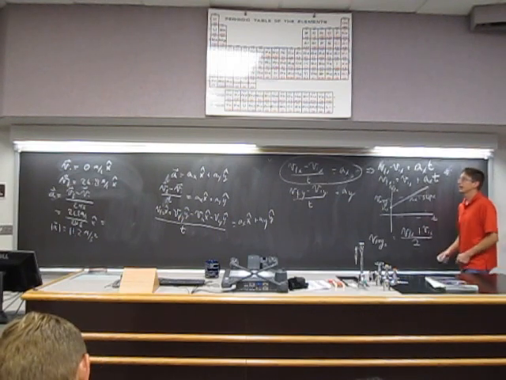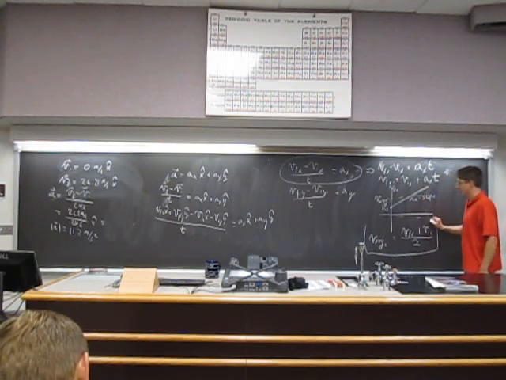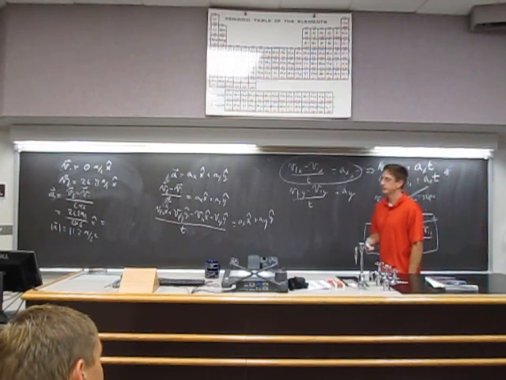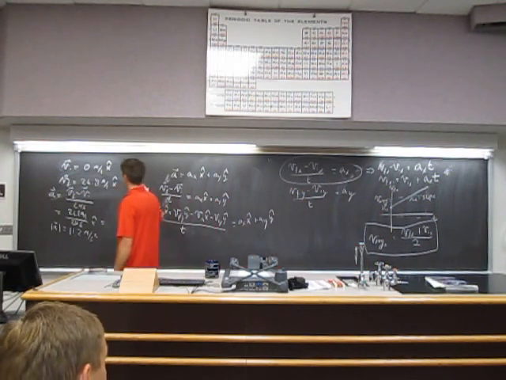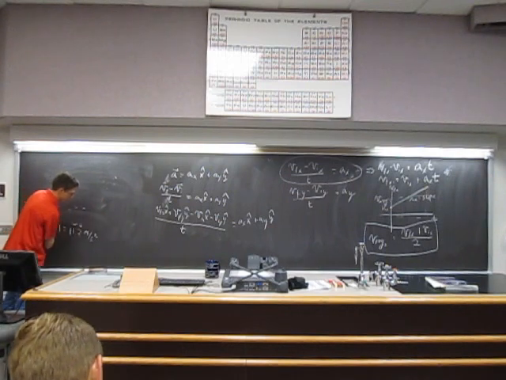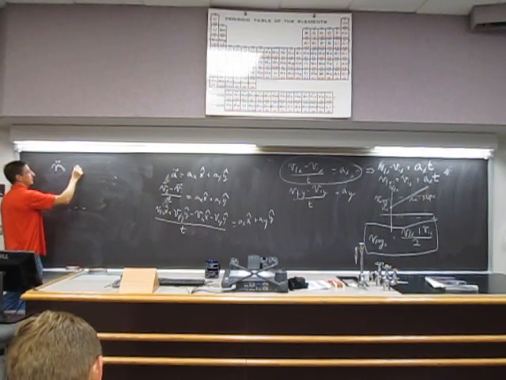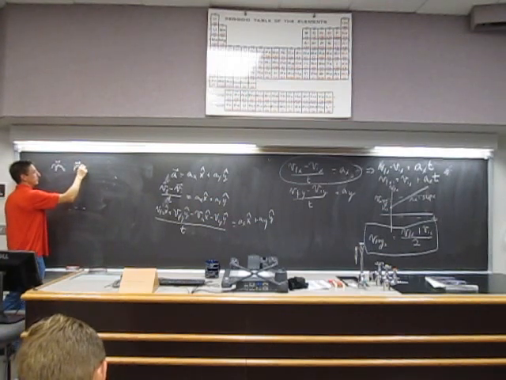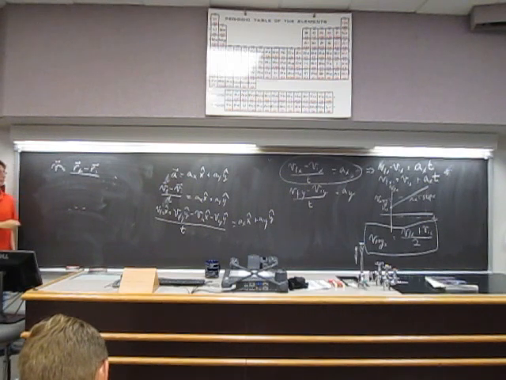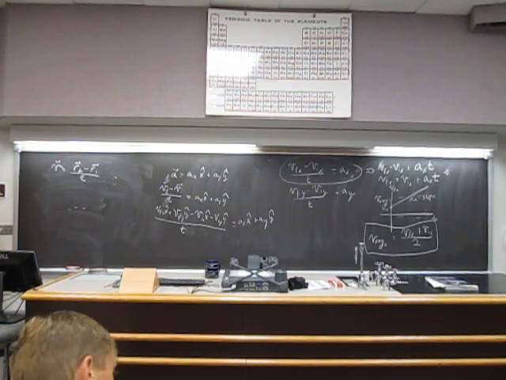Now, we're going to save this just for a second, okay? And we're going to go back to our relation between position and velocity. Now remember, velocity is the final position of an object minus the initial position of the object divided by the time it took to go from the initial to the final position.